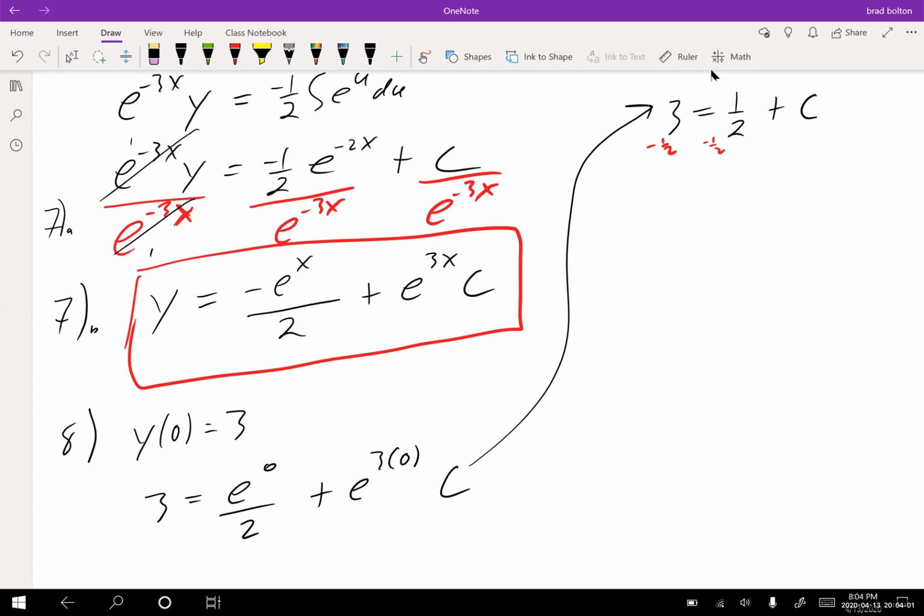C equals, oh, I see why I messed up. You guys see way over here, this is a negative, right? I forgot this negative right there. So that's why.